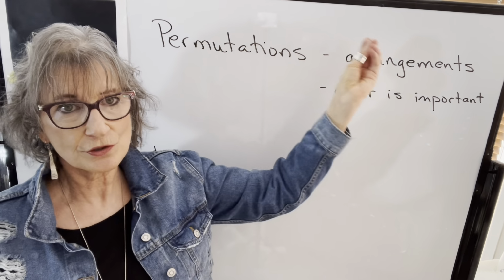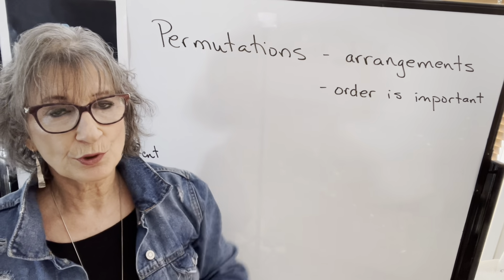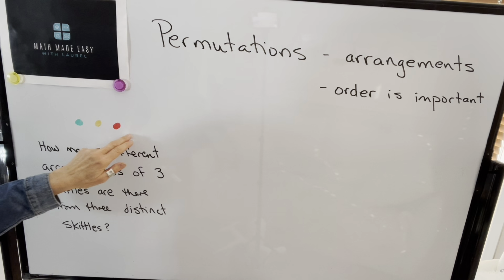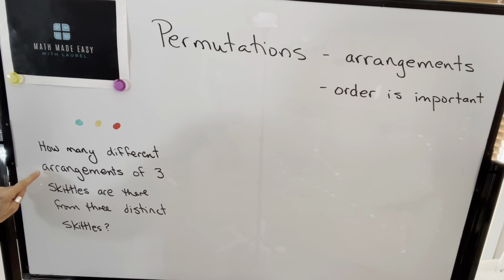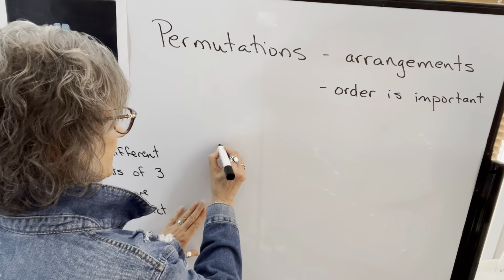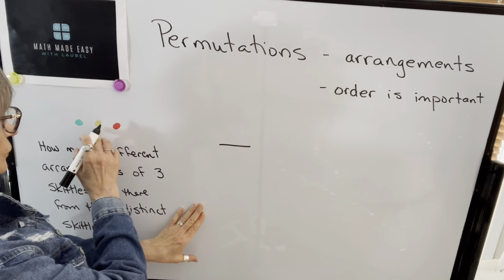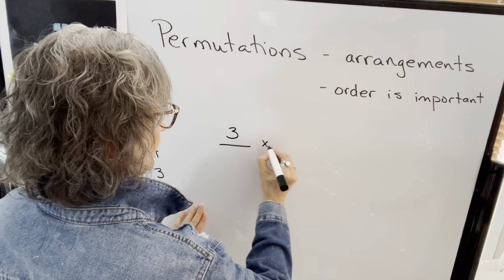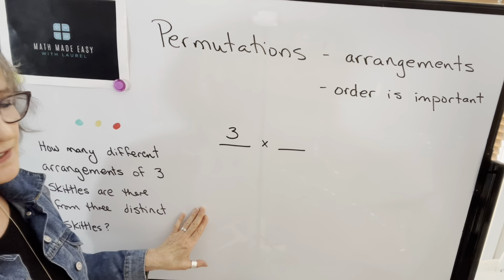Remember, permutations are arrangements, so the order is important. So if we take a look at our Skittle example, we have 3 different colors. And if I want to know how many different arrangements of 3 Skittles there are from those 3 different colors, what I can do is set up a multiplication. So for the first Skittle, I have 3 to choose from, so there's 3. I multiply that by the number of choices I have for the second Skittle.